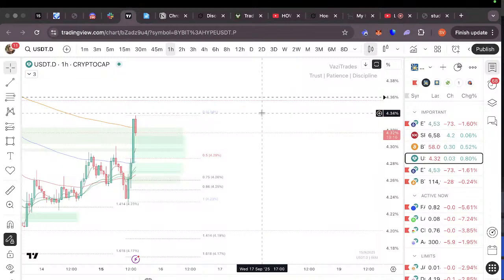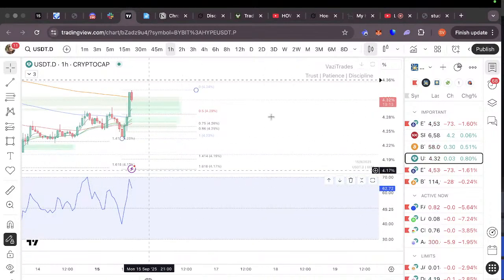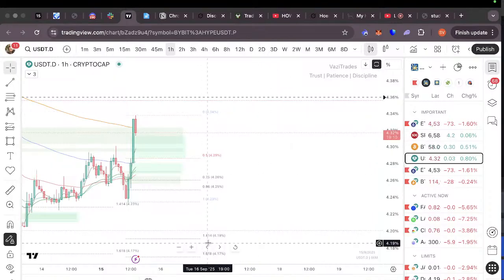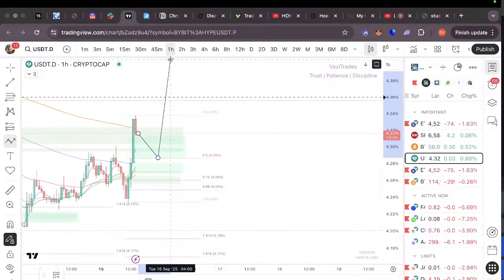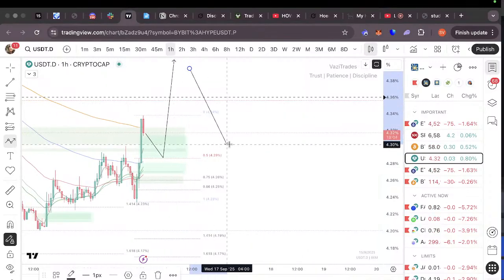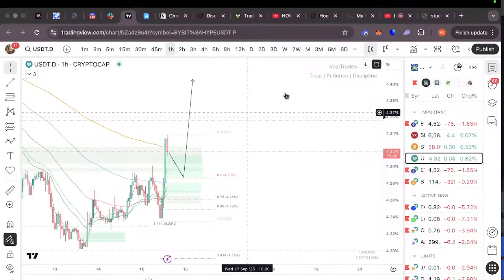What can happen? Right now it's rejecting also. So US dominance can drop till this 0.5 and give a bounce. If the bounce will be strong, then I would suggest just close your longs if you have, and focus on swing short positions, because in this case market can drop significantly.